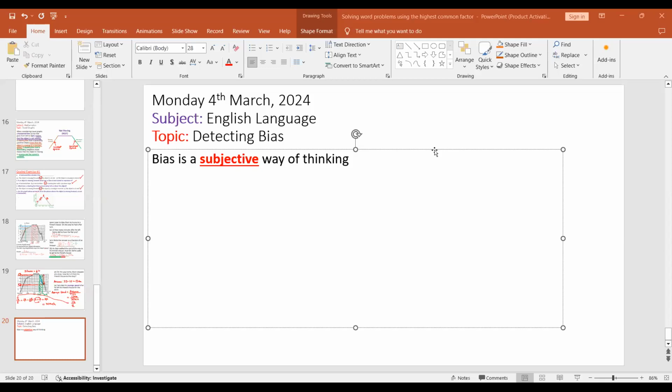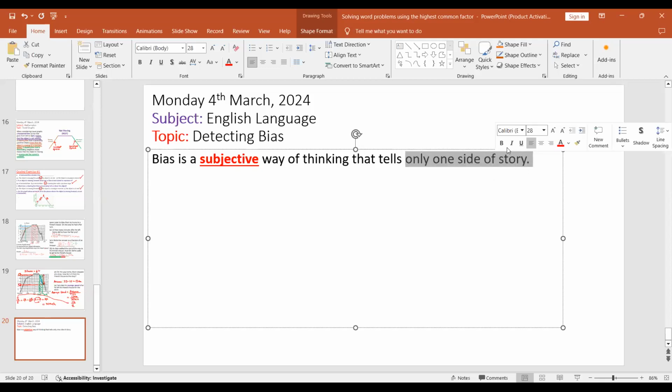So bias is a subjective way of thinking that tells only one side of a story. Someone said that bias means one-sided, and that's exactly what it means. So bias is a subjective way of thinking that tells only one side of the story.